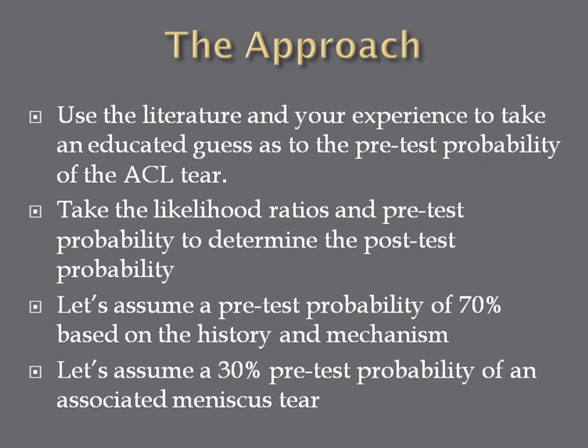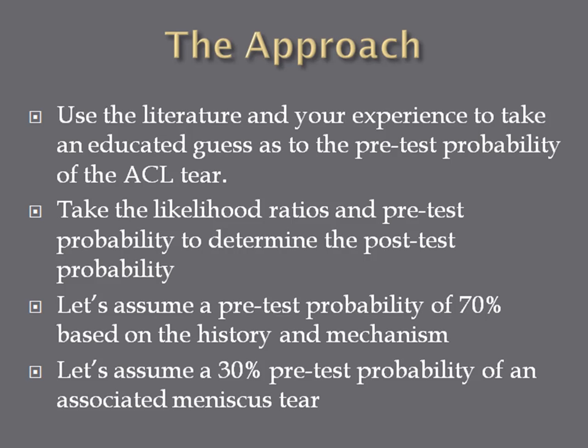Based on the literature and the value of the history in this case, we can estimate a pretest probability of 70% for the ACL tear and about a 30% probability of an associated meniscus tear. By the way, these pretest probabilities can oftentimes be found as prevalence through a Google search.